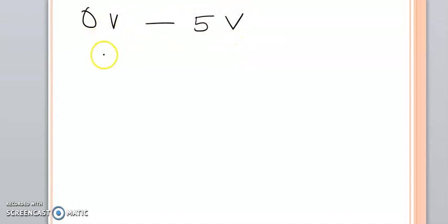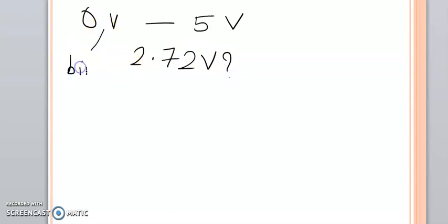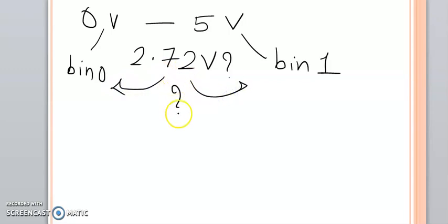What if a particular system gives a signal of, say, 2.72 volt? As I told you earlier, 0 volt will be treated as binary 0 and 5 volt will be treated as binary 1. So what will be the conversion for 2.72 volt? Will it be treated as binary 0 or binary 1, that is the question.